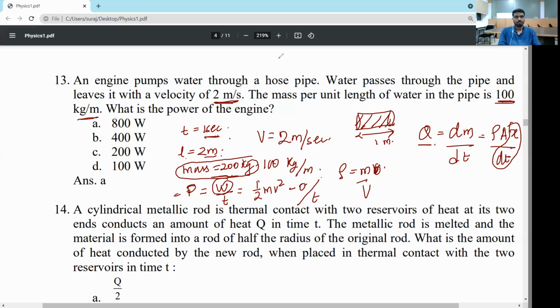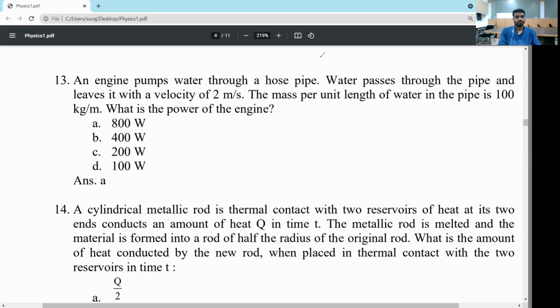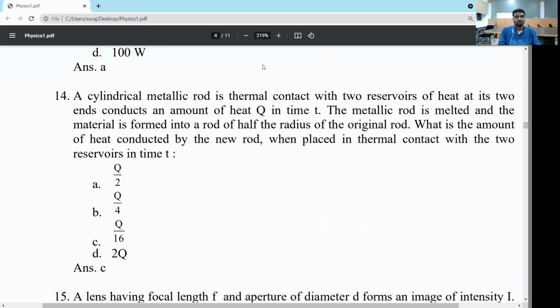Next. Question number 14. A cylindrical metallic rod in thermal contact with two reservoirs of heat at two ends conducts an amount of heat Q in time t. The metallic rod is melted and the material is formed into a rod of half the radius of the original rod.